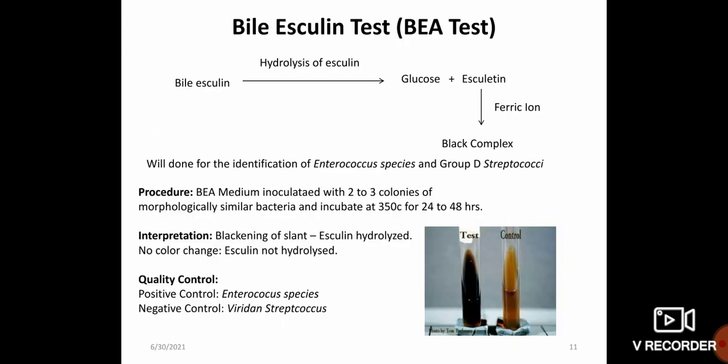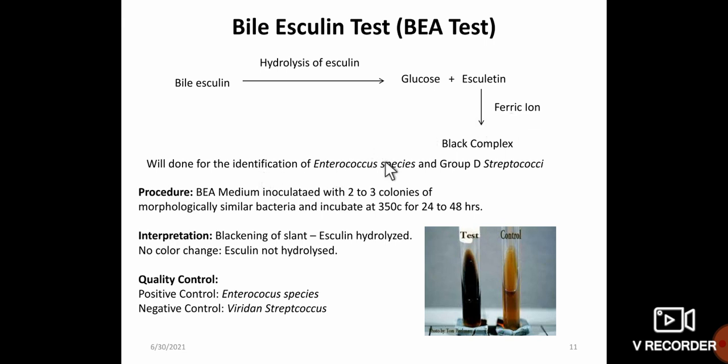Next is the bile esculin test, which I told you about already, for the identification of Enterococcus species. The media contains bile esculin, and the bacteria undergo hydrolysis of the esculin and produce glucose and esculetin. This esculetin forms a black colored complex when it combines with the ferric ion in the media.